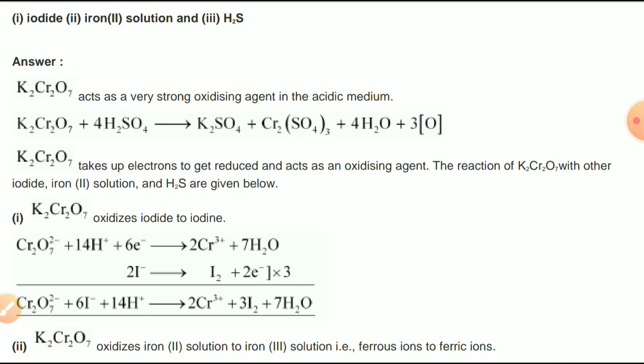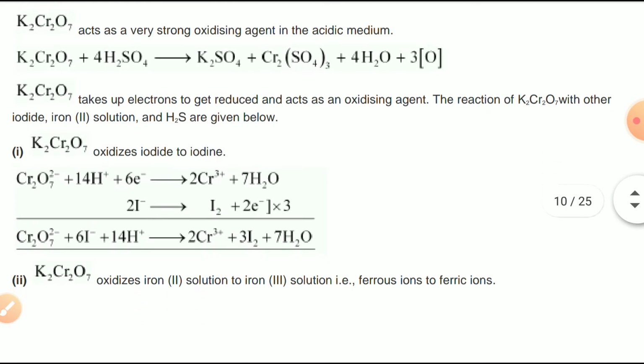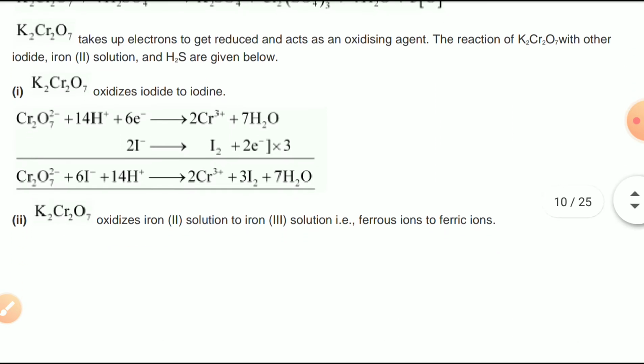Here Cr2O7 2- ion plus 14H+ plus 6 electrons is giving 2Cr3+ plus 7H2O. Here 2I- is giving I2 plus 2 electrons. So that is multiplied by 3 to form the 6 electrons. If I multiply by 3, then the equation will become Cr2O7 2- plus 6I- plus 14H+ is giving 2Cr3+ plus 3I2 plus 7H2O.